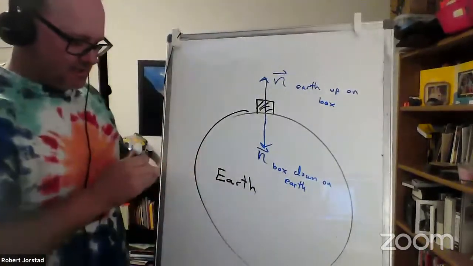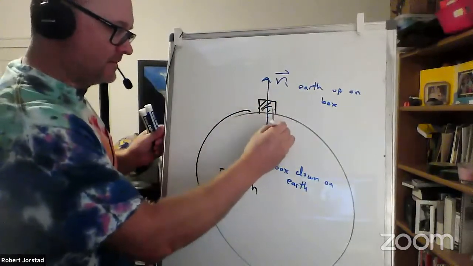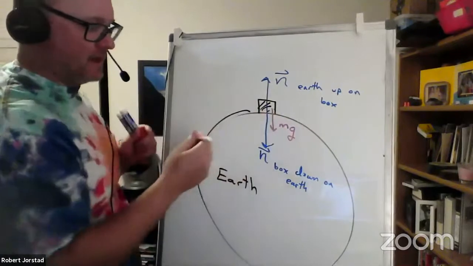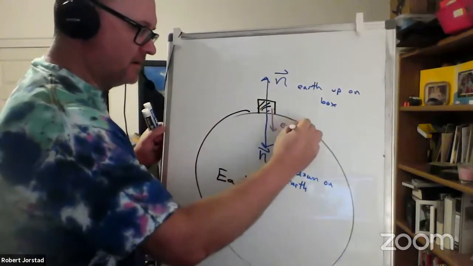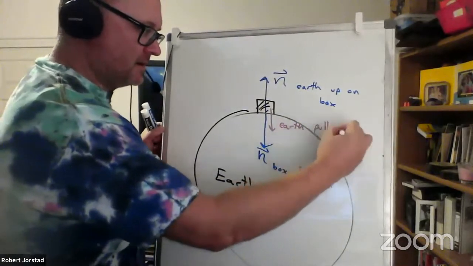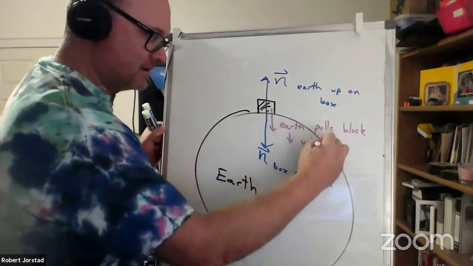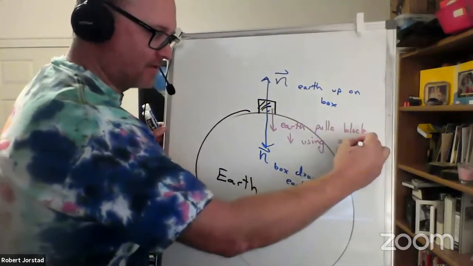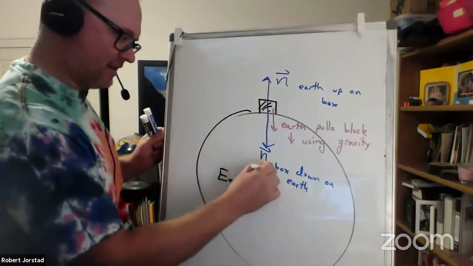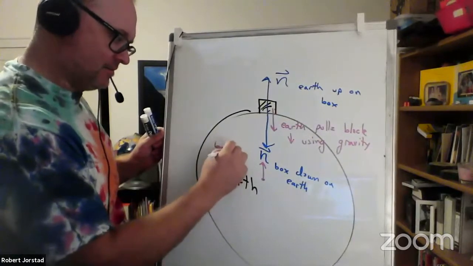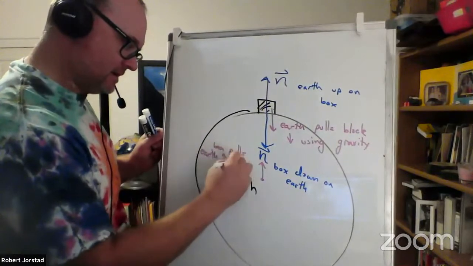Now in this case, there's also another force, mg. This would be Earth pulls block down using gravity. The type of force is a gravitational force. Well, similarly, here's the center of mass of the Earth. There's the box pulls Earth up using gravity.